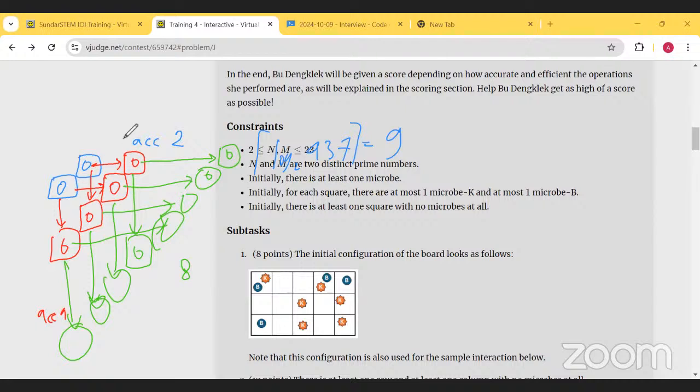So there are 2 possible cases. Sometimes it is empty directly, or if it is not empty, then we can empty it by doing an experiment here. And we can make sure that the experiment is successful because it is impossible to have 2 microbes here.